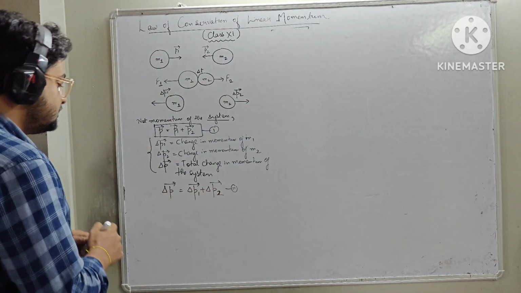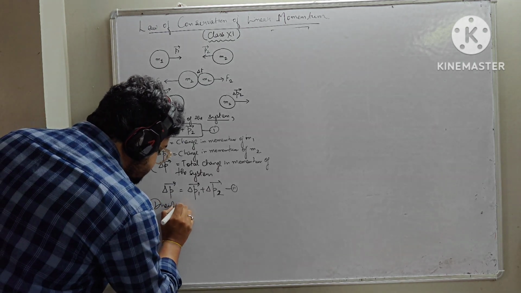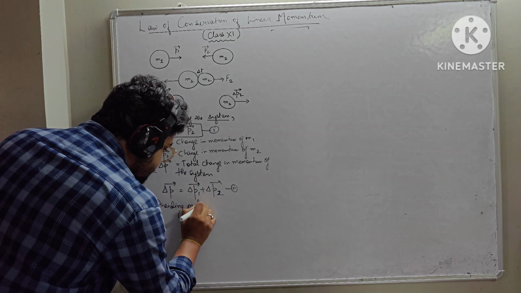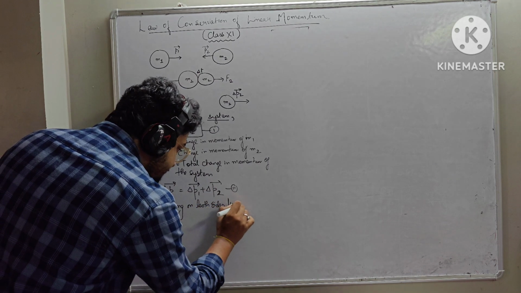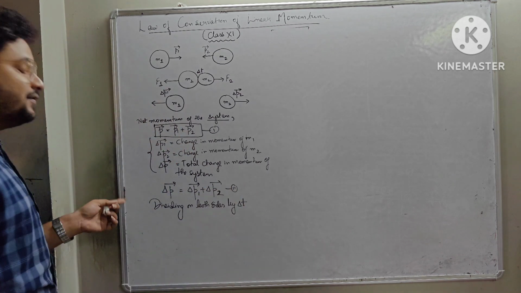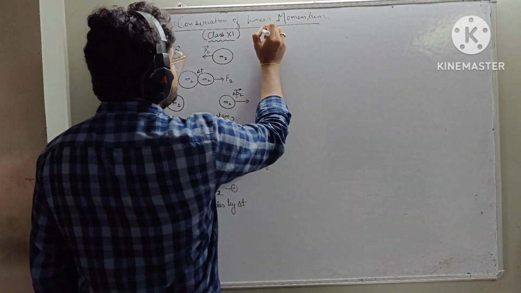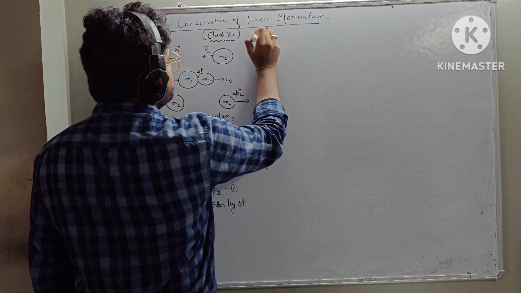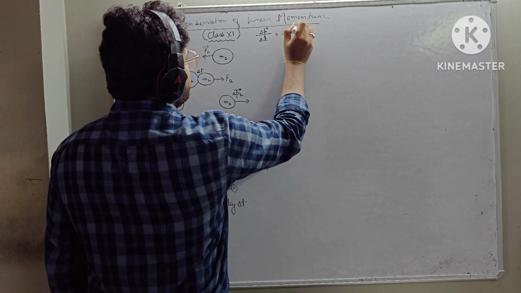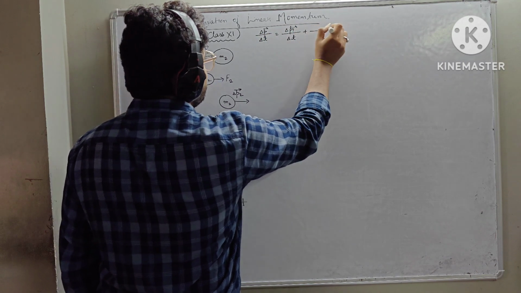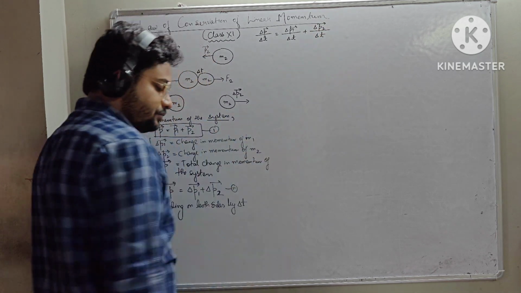If I divide this equation on both sides by delta t, what we are going to get is delta p by delta t equals delta p1 by delta t plus delta p2 by delta t.